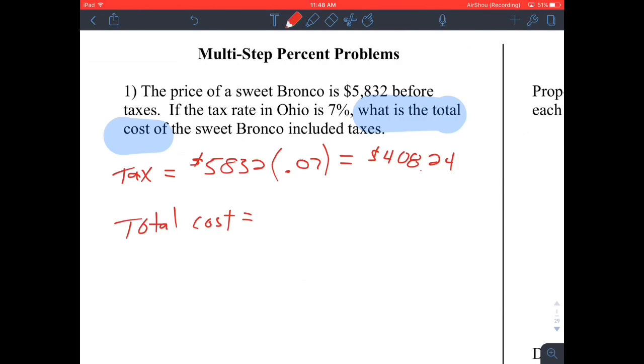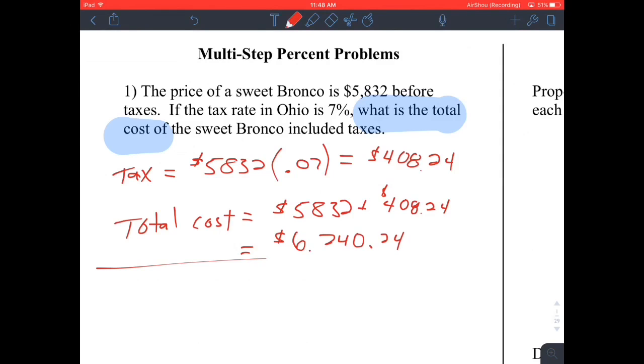To find that, we're going to add the price of the Bronco plus the tax, $408.24, and that's going to give us a total of $6,240.24.